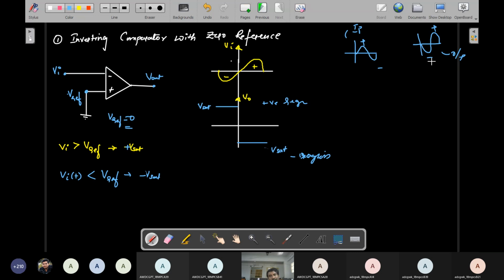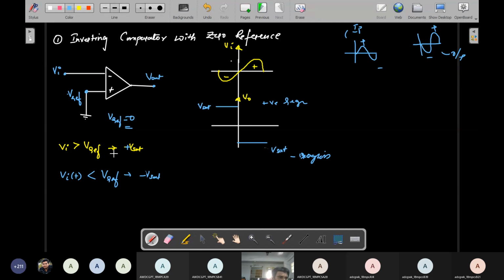Positive means negative will come, and negative peak means positive will come. Similarly, when a negative signal is given to the input, it always indicates positive saturation, and if the input signal is positive, it always indicates the negative saturation region.